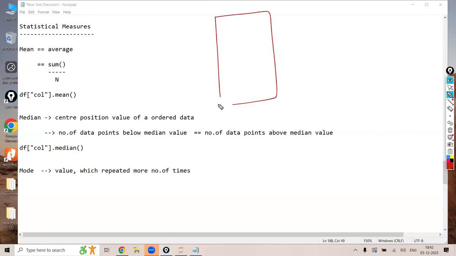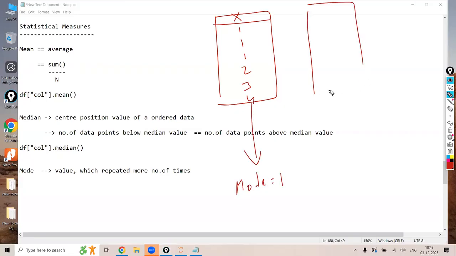For example, here I have a column 1, 1, 1, 2, 3, 4. How many times was 1 repeated? 3 times. 2 was repeated 1 time, 3 was repeated 1 time, 4 was repeated 1 time. Which number was repeated more number of times? 1. So for this, the mode is equal to 1.